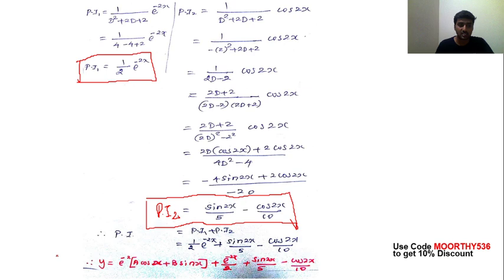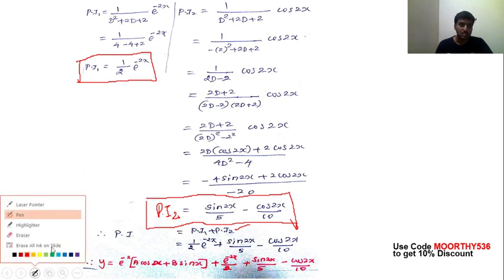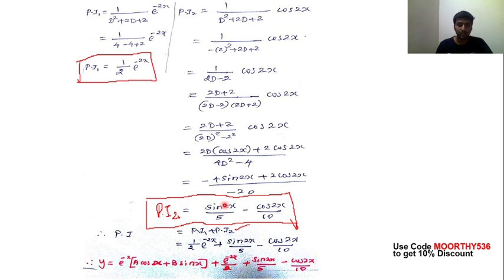As per the discussions here, PI is equal to PI1 plus PI2. Now, the complete solution is the particular integral PI1 plus PI2. Now, add the 1 divided by 2 into e power minus 2x plus sin 2x divided by 5 minus cos 2x divided by 10. So, this is the procedure.